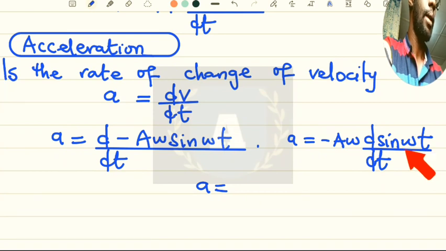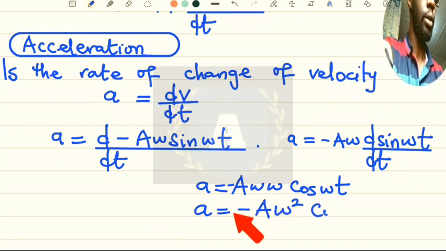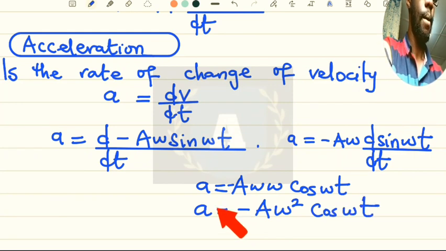So now on differentiating this, we have minus a omega cos omega t. So omega multiplied by omega, that is the angular frequency, will be minus a omega squared. When you multiply this and this, cos omega t.